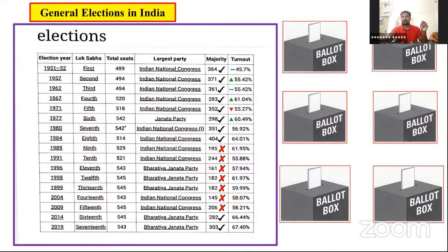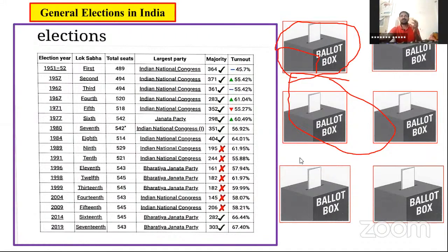At the time, there were a number of candidates contesting in the election. At that time, every candidate had one ballot box. For example, this is one candidate, this is the first candidate, this is the second person, this is the third person. Every person has a ballot box.